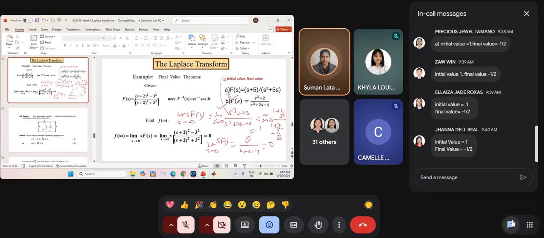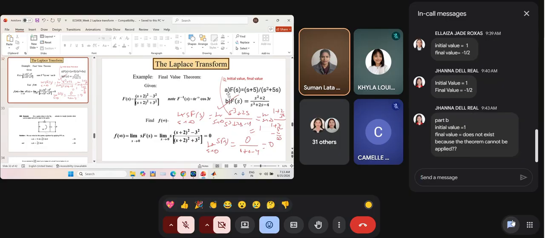And what about the final value? Because both become the same now, numerator and denominator, the initial and final value will remain the same because the function after multiplying by s becomes 1. So for A it is 1, initial value 1, and what about the final value?